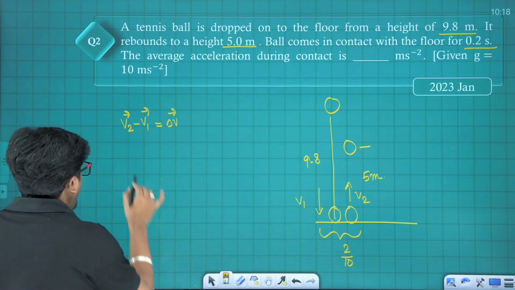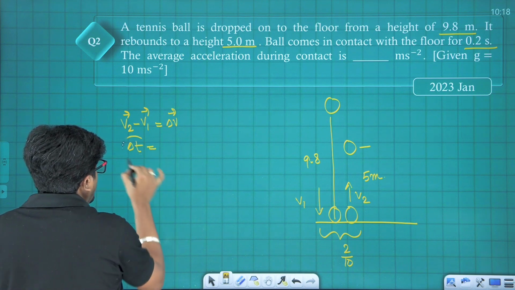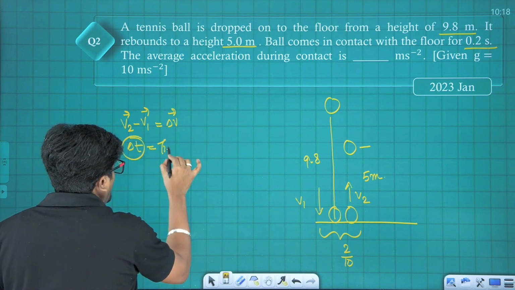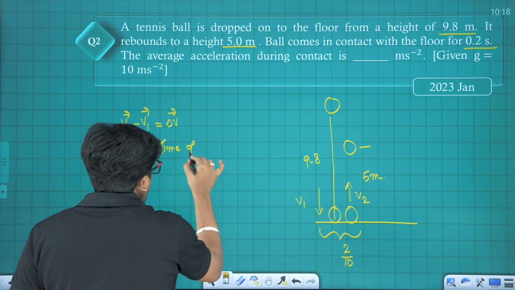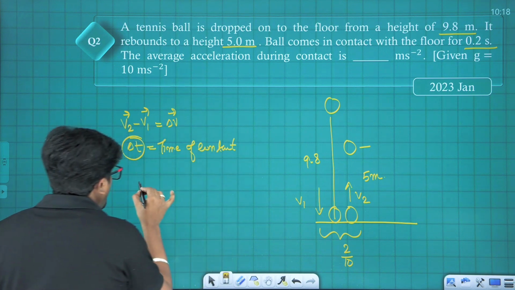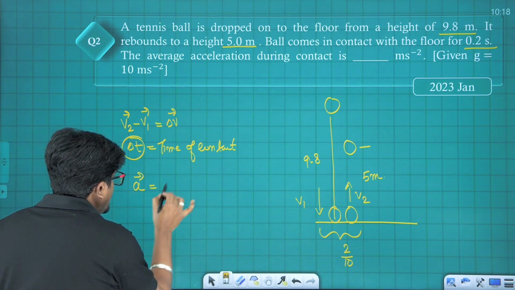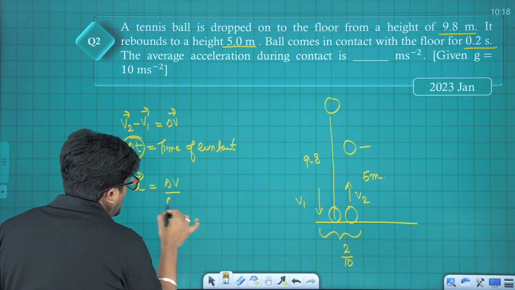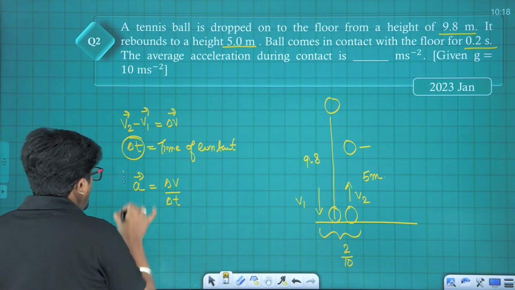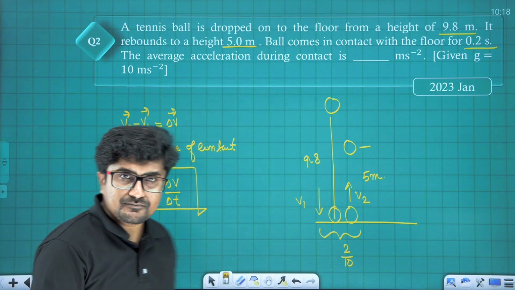This change happens in a time duration of delta t, which is the time of contact. Now acceleration a is delta v upon delta t. This is the key concept of the question.